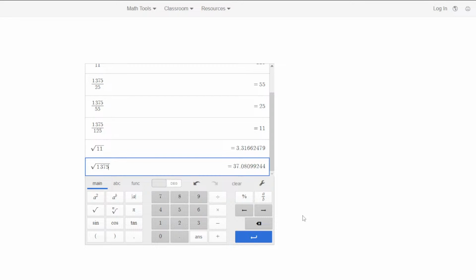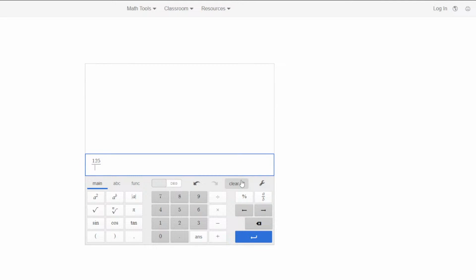Oh, it's 11 times 125, which is also equal to the square root of 11 times 25 times 5.